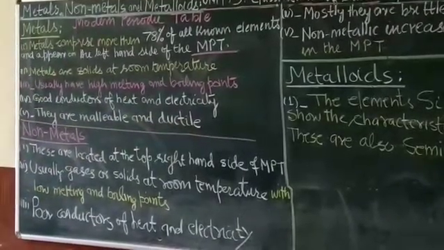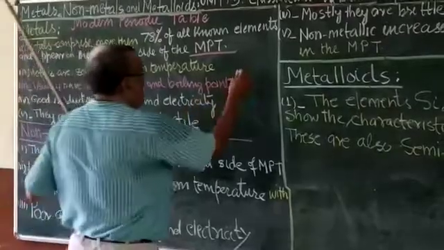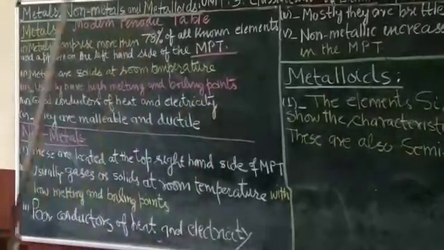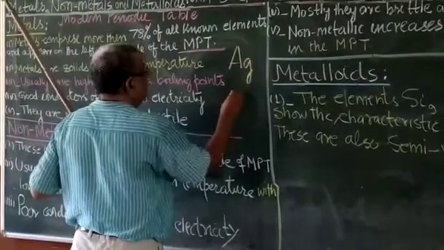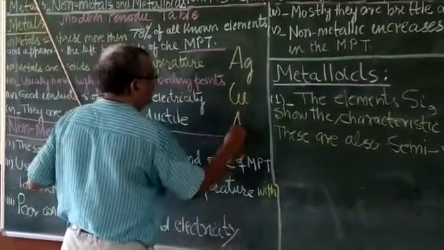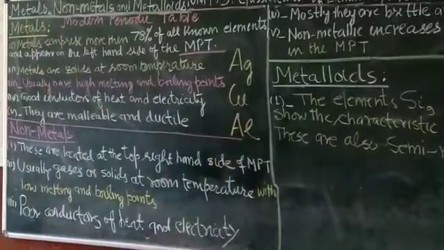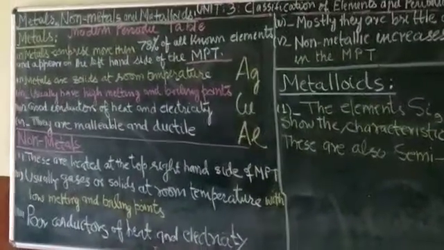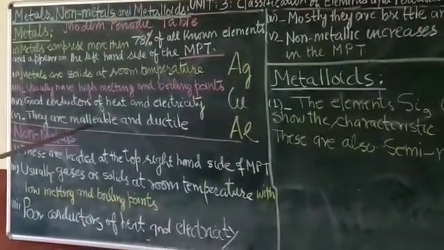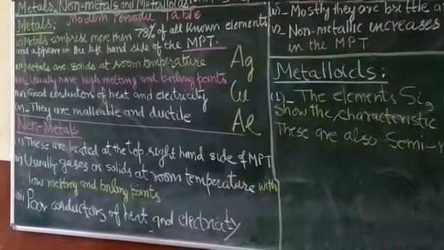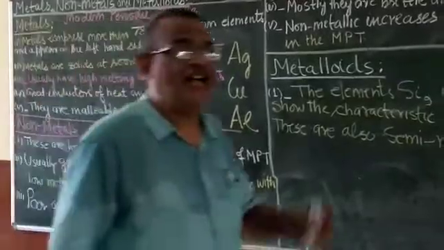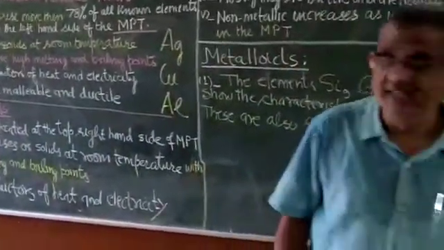Some excellent examples are silver, copper and aluminium. Number 5, they are malleable and ductile. I hope you understand what is malleability and what is ductility.